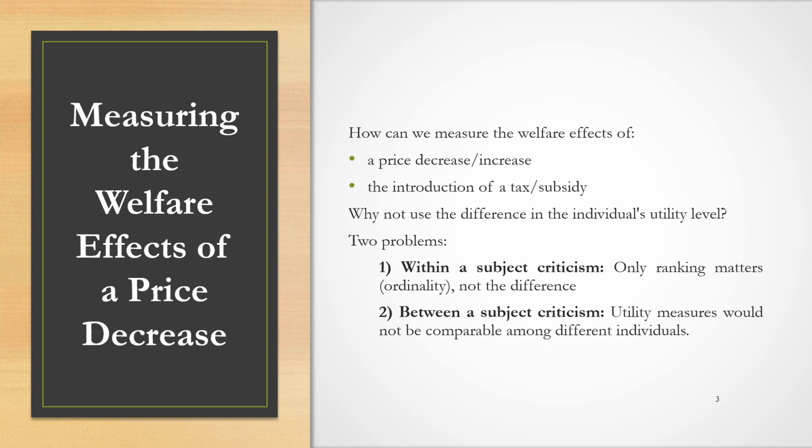So instead of trying to measure directly how much happier or better off people feel from a specific change in price or fiscal policy, we will calculate how much money the change saves people or makes them better off.